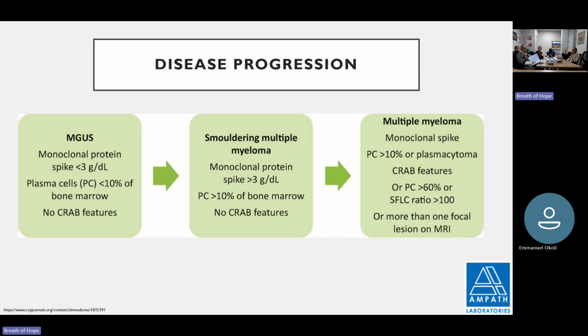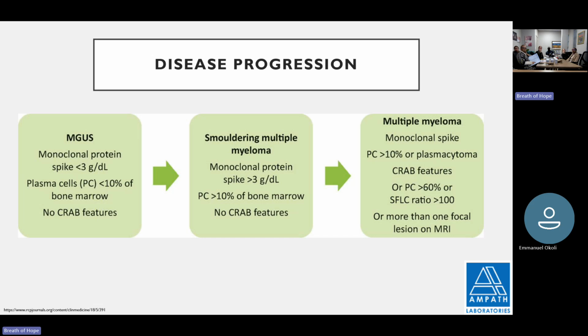So I spoke about MGUS, how it all starts. If you do a bone marrow and you see there's more than 10% plasma cells without any end organ damage, it will fulfill the criteria of a smoldering multiple myeloma. If you then see that there's still more than 10% plasma cells, but there's end organ damage, it will fulfill the criteria of a multiple myeloma.